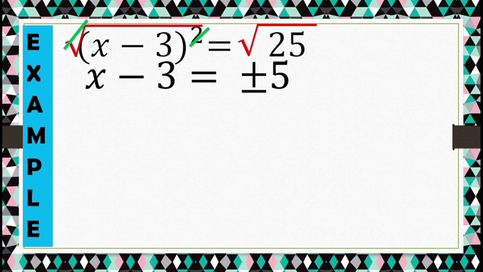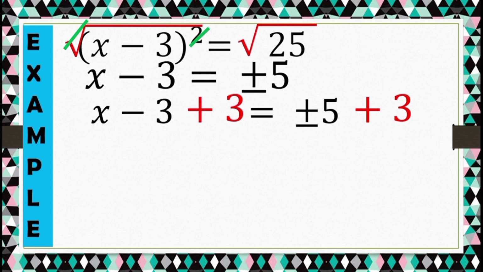In this case, we need to get rid of negative 3 on the left side of our equation. Using addition property of equality, add both sides by 3. The result will be x is equal to positive negative 5 plus 3.